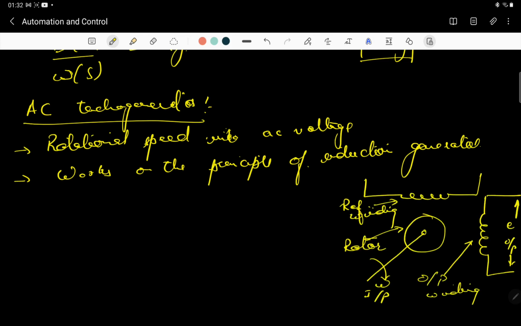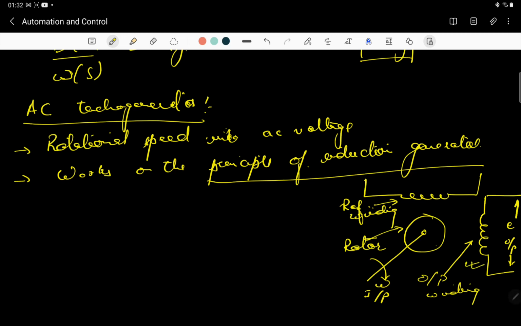The simple diagram of the AC tachogenerator is shown over here, and since it works on the principle of an induction generator, like a single phase or two phase induction generator, there must be two windings. This is the main winding, that is the output winding.